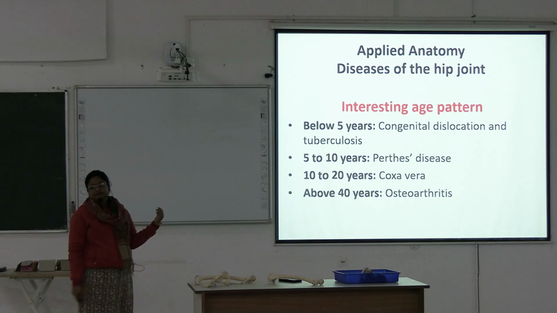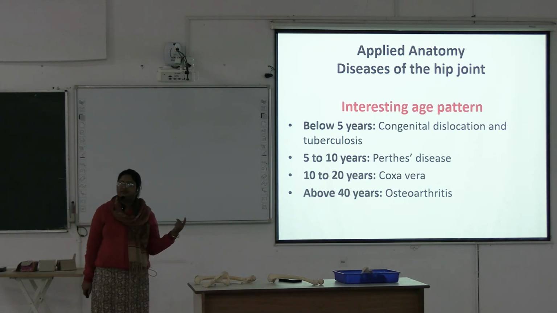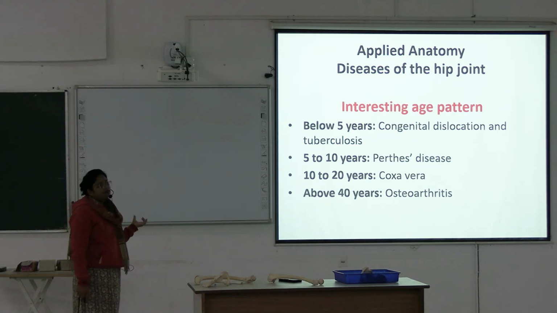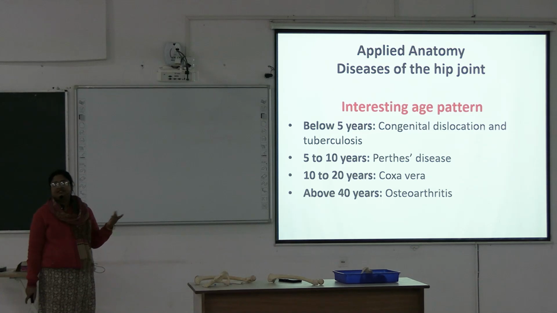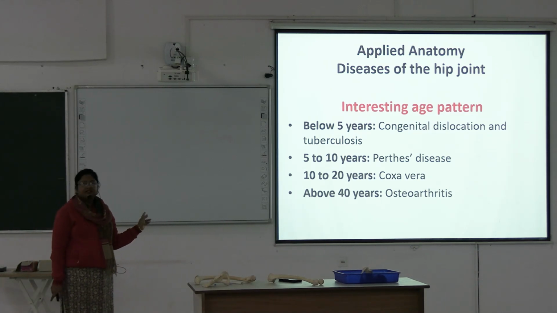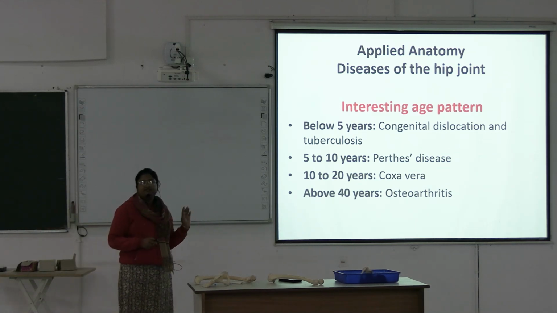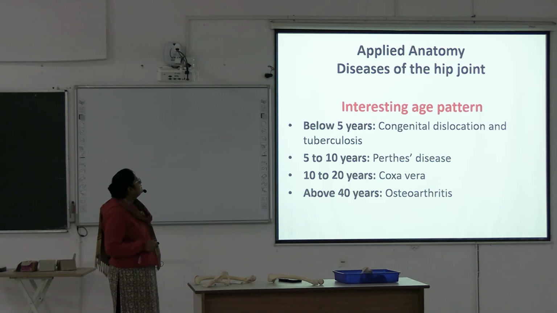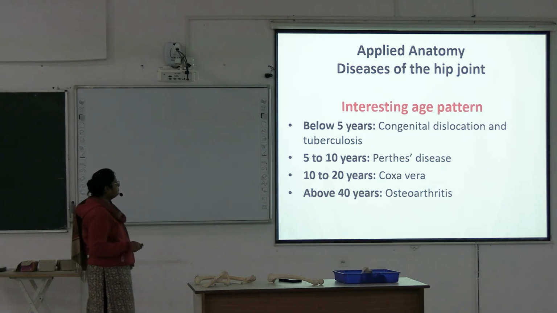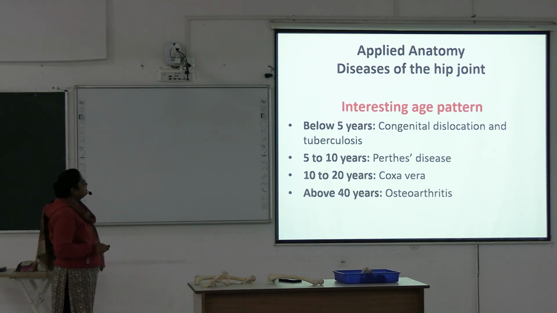Next we go to the clinical aspects. Okay, so these movements, you practice a picture like this previous one for the movements, and the muscles involved in the movements are very important. Next we go to the age pattern, the interesting age pattern of different diseases of the hip joint.